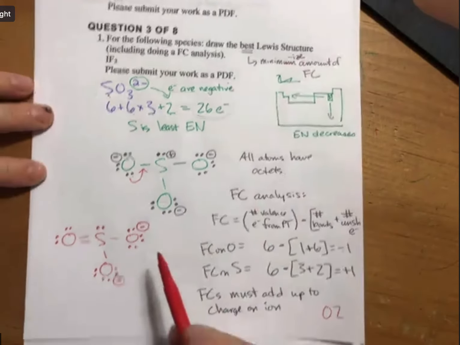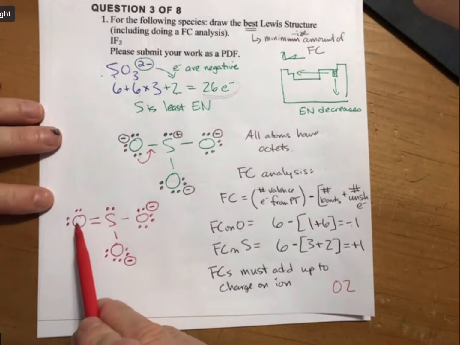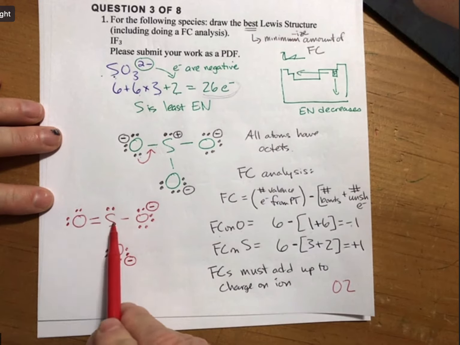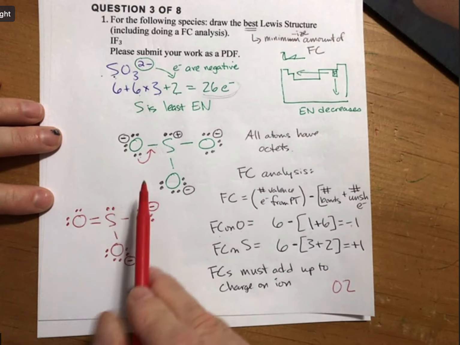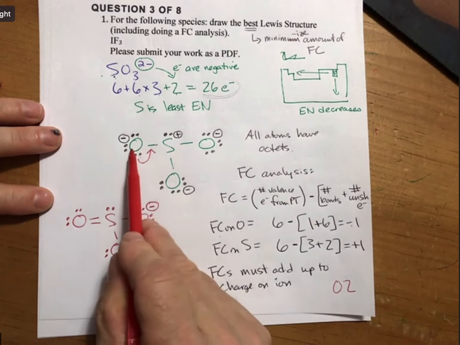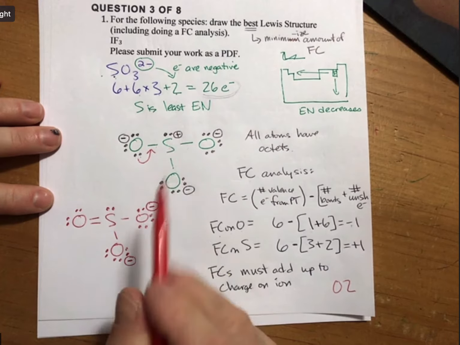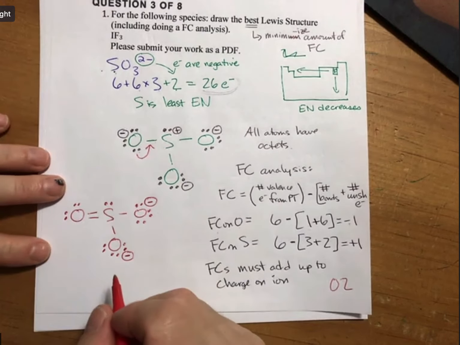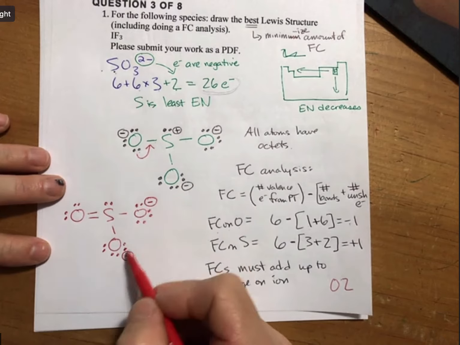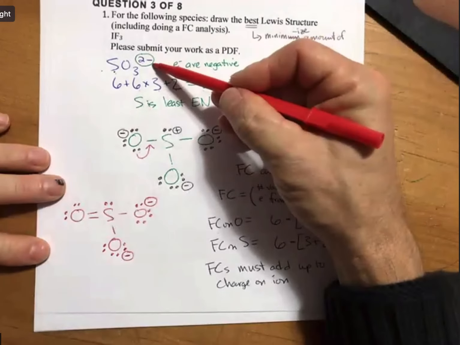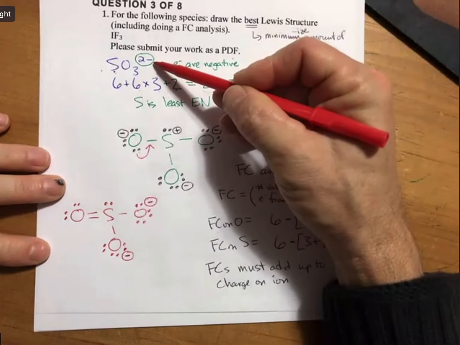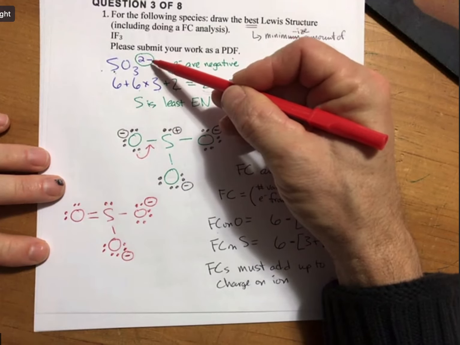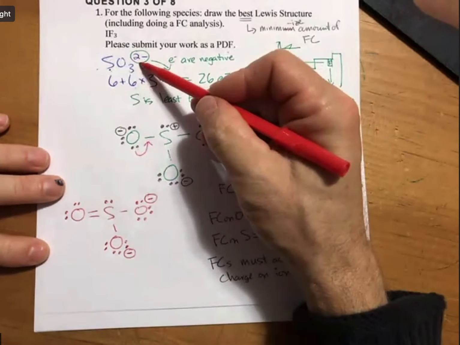And so what we just did was, when we do a formal charge analysis now, we will see that the formal charge on this oxygen is now 0, and the formal charge on this sulfur is now 0. So we've taken away these 2 formal charges. And you still have -2, okay. Yes, and we still have the -2, but we have to have the 2 separate negative formal charges because it has to equal the -2 up here.